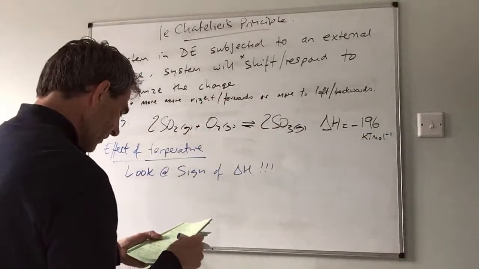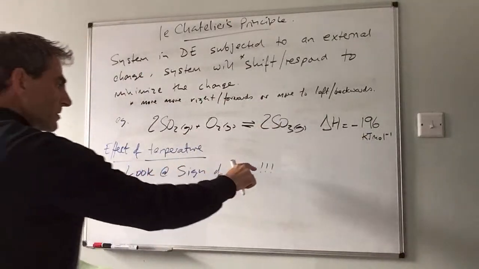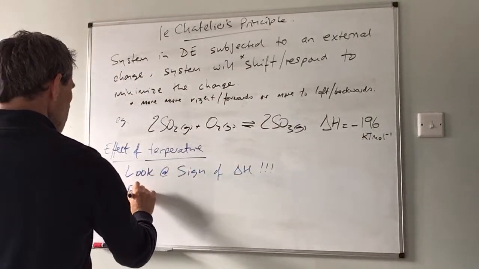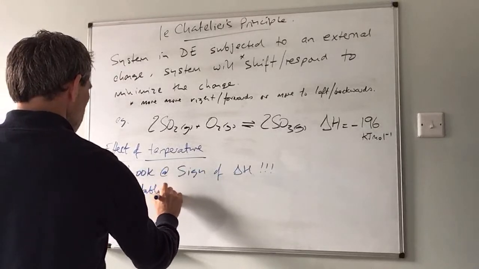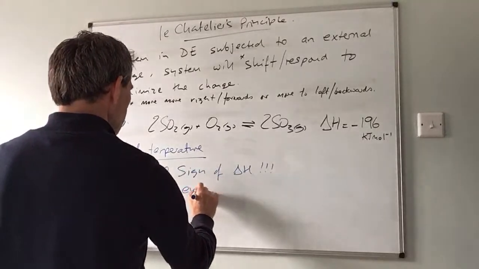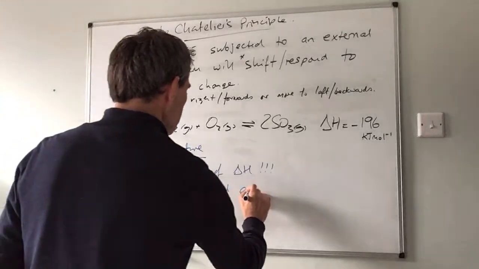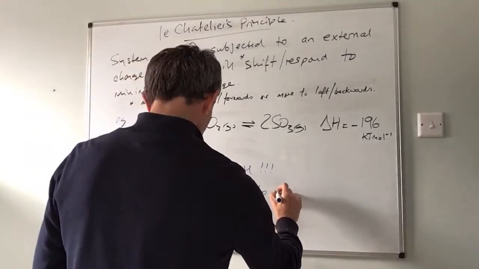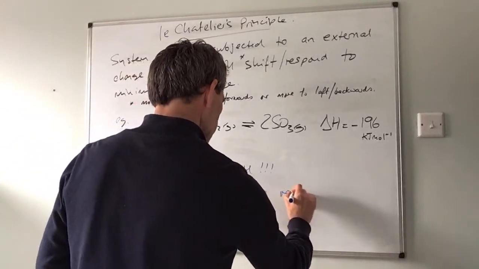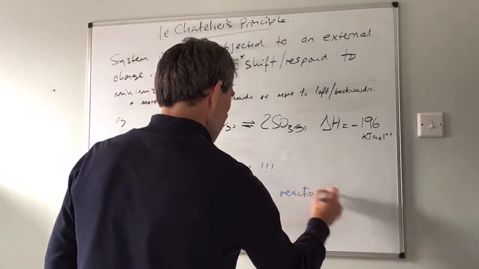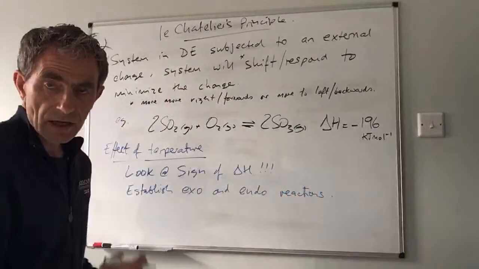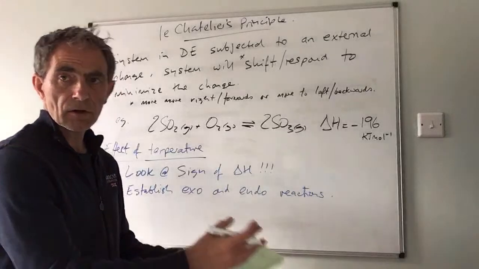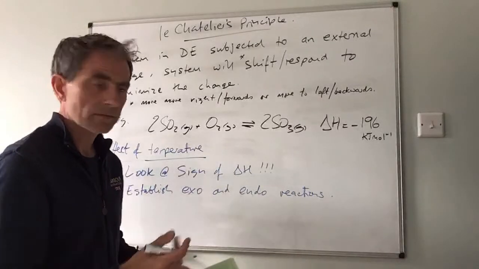So look at the sign of the delta H, and then what you do is you establish the exothermic and endothermic reactions. Remember, there are two reactions. If one of them's exothermic, the other one must be endothermic, okay?